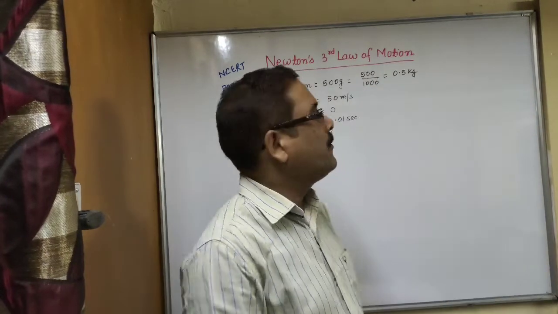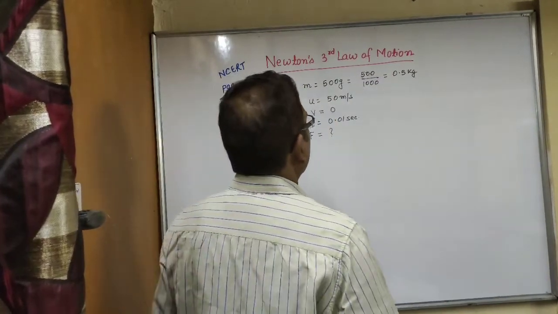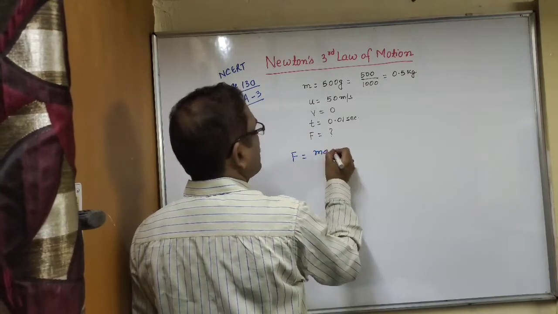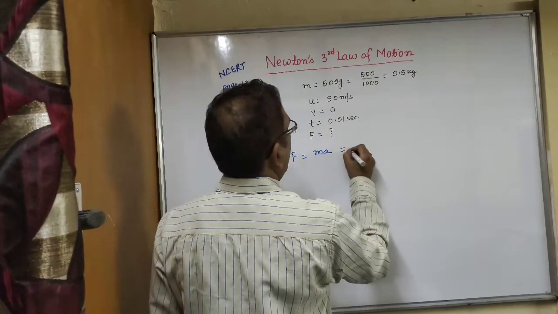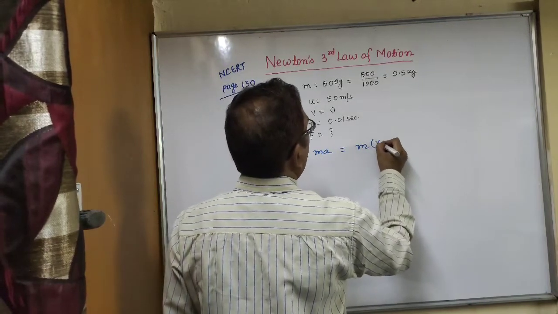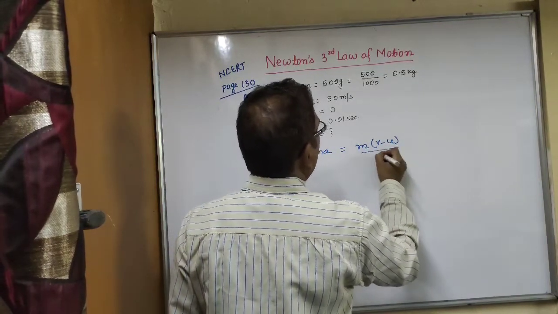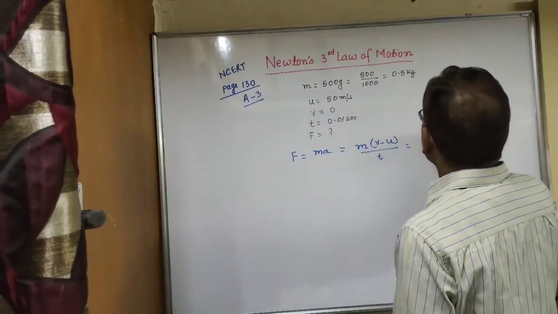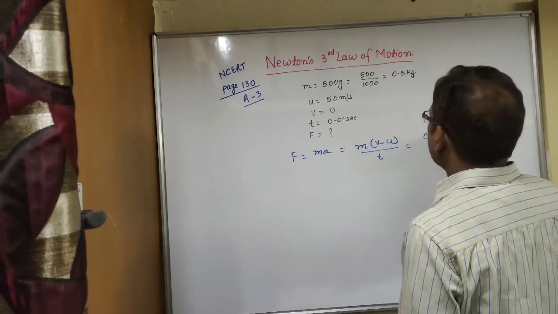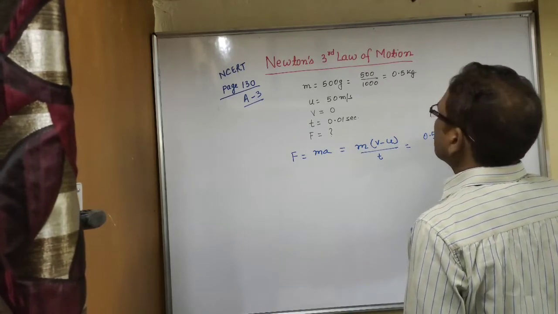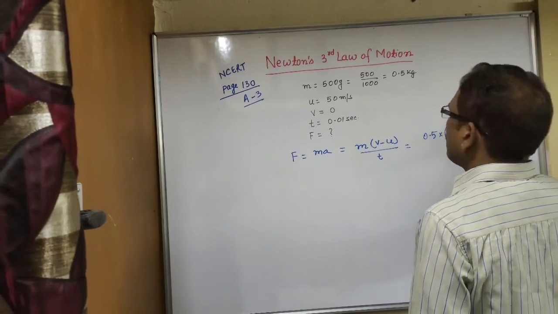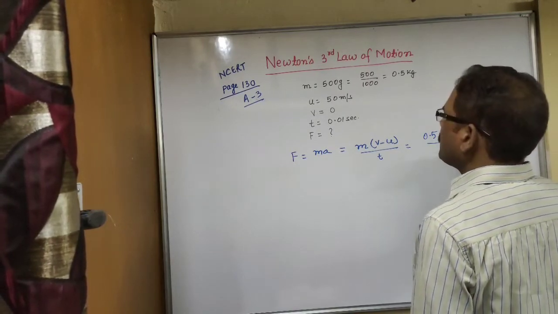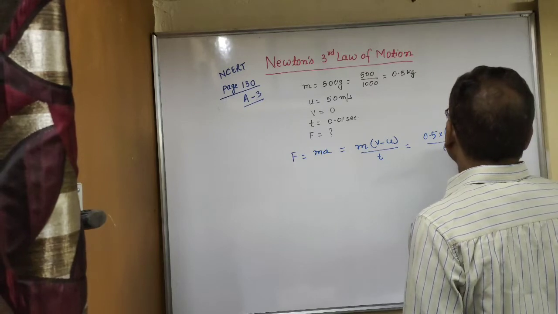As you know, the formula for calculating force is mass into acceleration. Now this can be written as m into (v minus u) by t. So the mass of the hammer is 0.5 kg, v is 0, u is 50. Simply substitute the values, and time is 0.01 second.